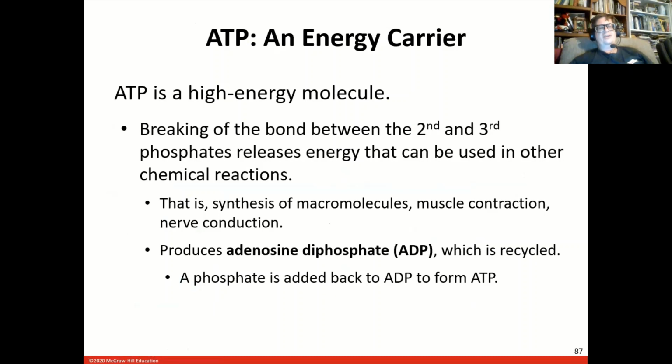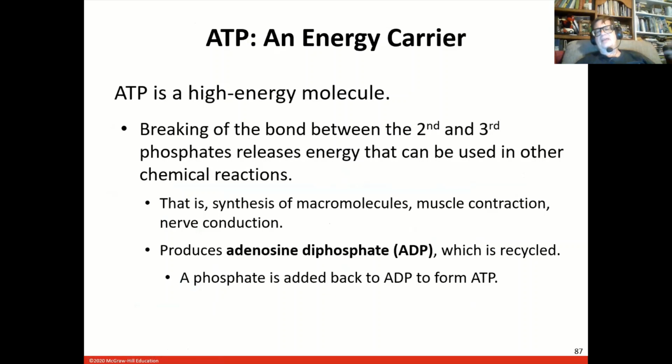So ATP is an energy-carrying molecule, and it's got 3 phosphates that don't want to hang out because they all have the same charge. And breaking the bond between the second one and the third one releases energy that can drive other chemical reactions.